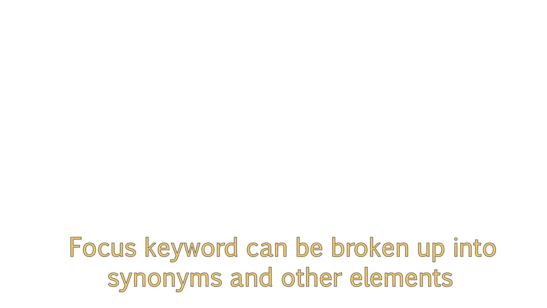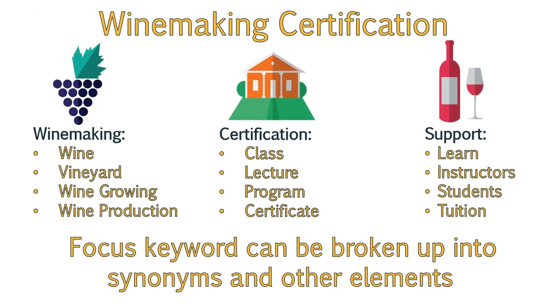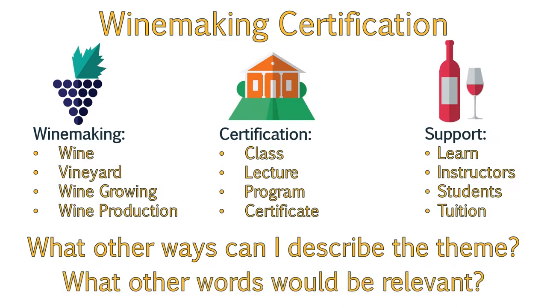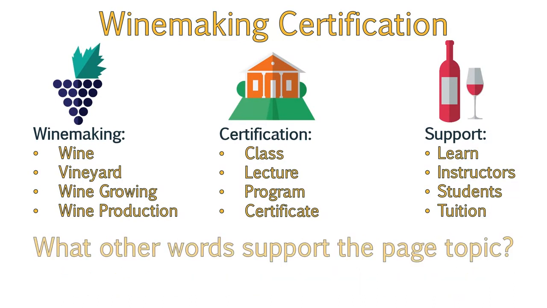You can see how your focus keyword can be broken up into various elements. When doing so, ask yourself, what other ways can I describe winemaking or certification, and what other words might be considered relevant to these? What other words support the chosen keyword or topic of the page?